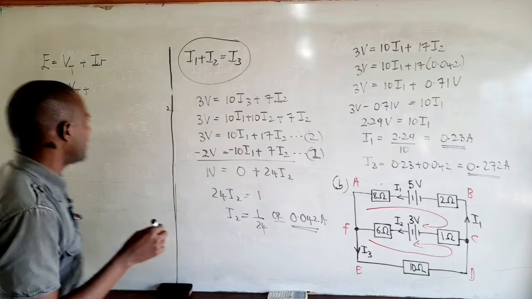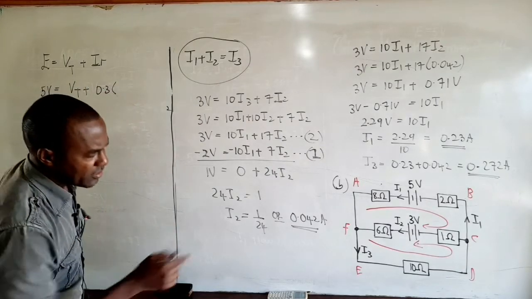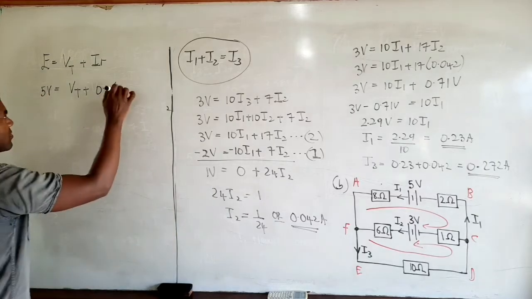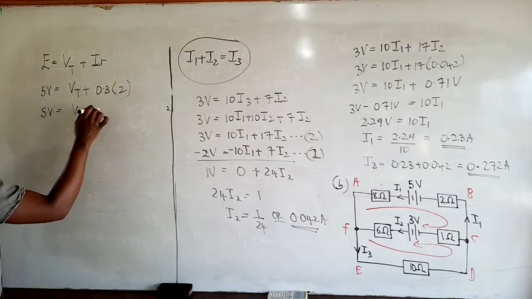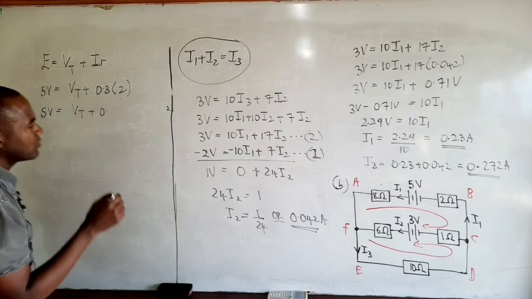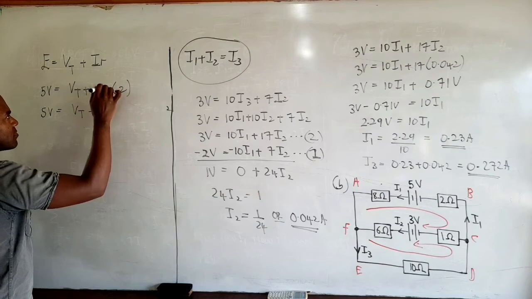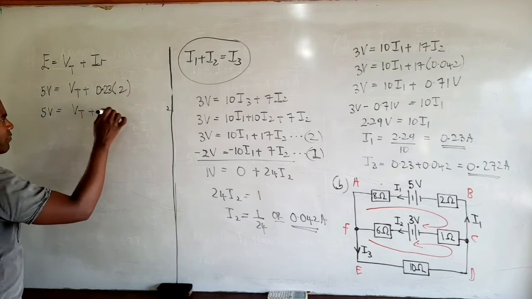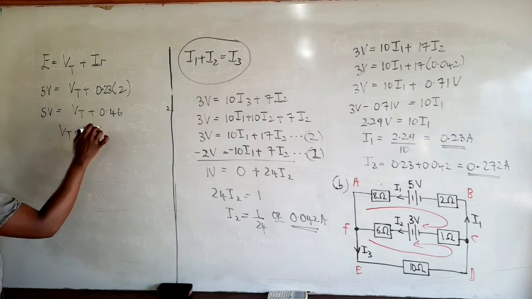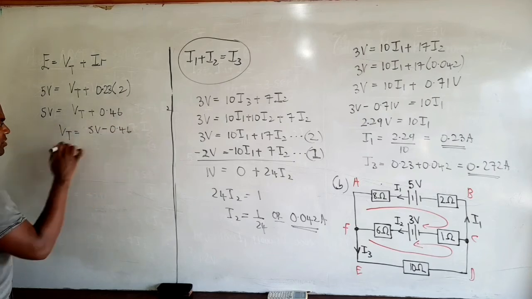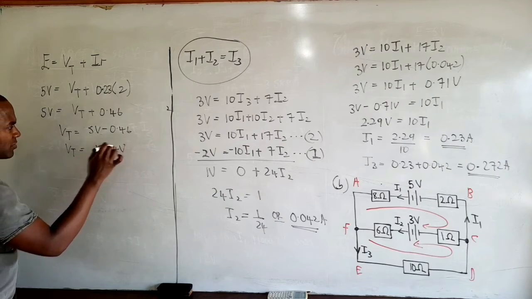So this is plus 0.23 times its internal resistance, which is 2 ohms. 0.23 times 2 is 0.46. And this therefore means that VT is equal to 5 volts minus 0.46. So VT is equal to 4.54 volts.